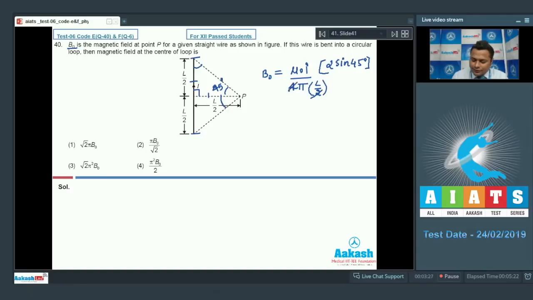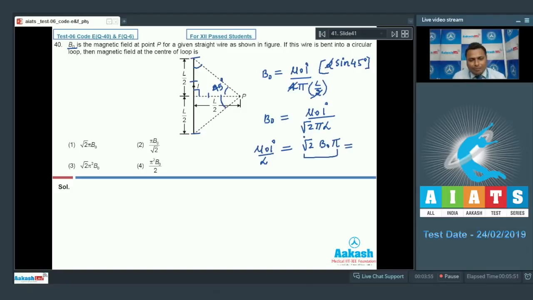After solving, we get the value of B naught as mu naught I divided by root 2 times pi L. From here we can get the mu naught I upon L expression as root 2 times B naught pi. We need this expression in the latter part.